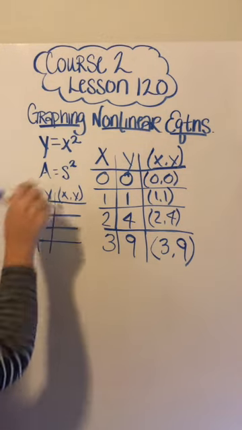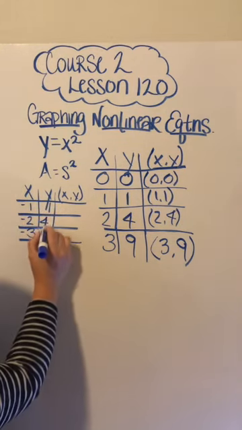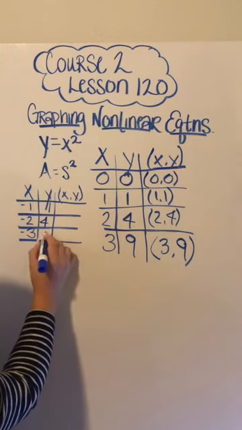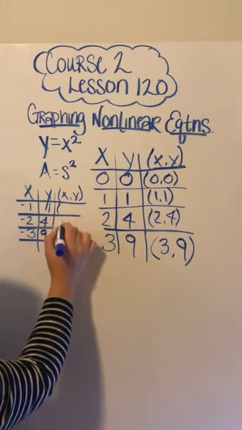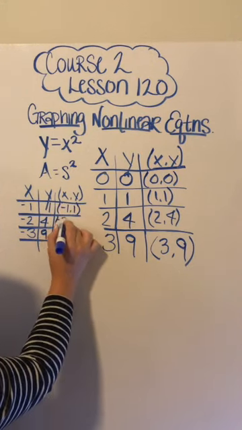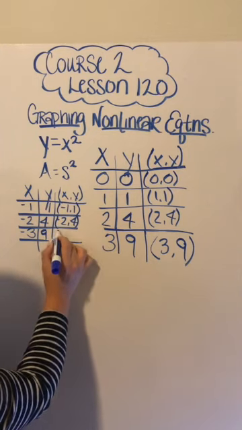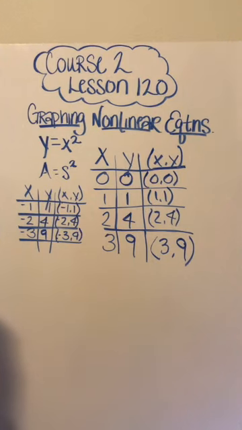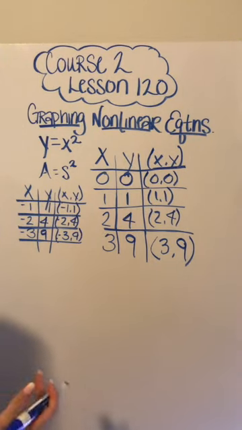We know that -2 squared, we get 4. And same thing for -3, we square it, we get 9. So our ordered pairs for this one are -1, 1, -2, 4, and -3, 9. So now after generating these several pairs of coordinates, we want to graph the points on a coordinate plane.